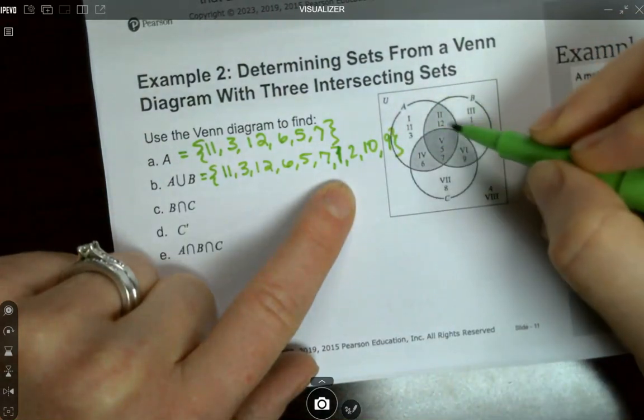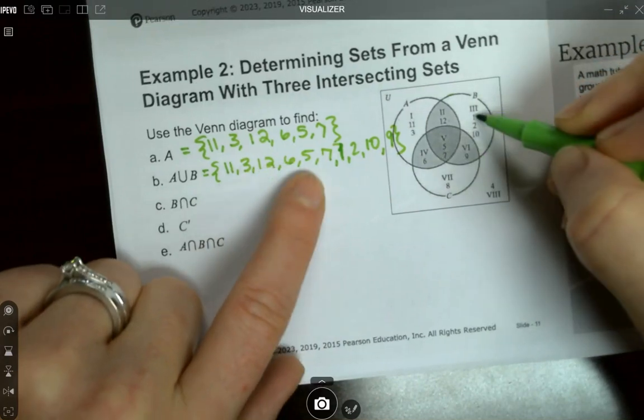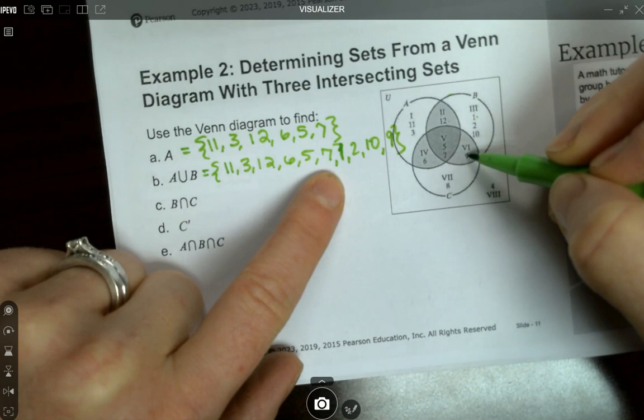Because it would be all of those. So 12, 5, and 7, and then 1, 2, 10, and 9.